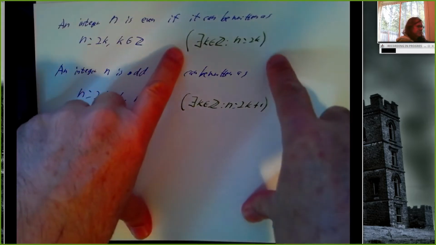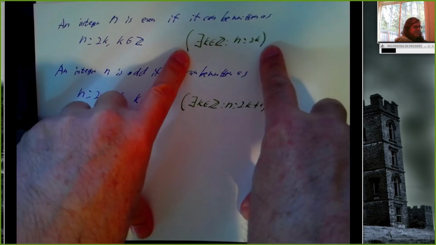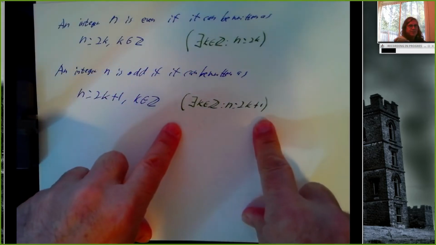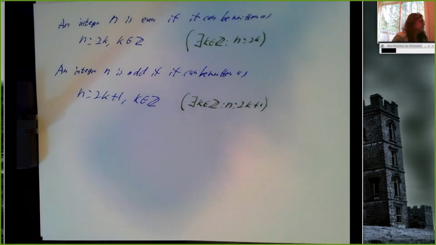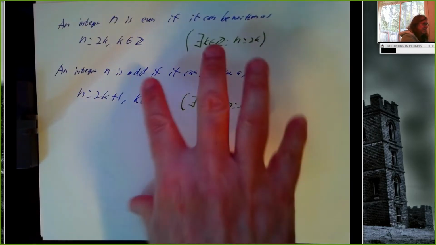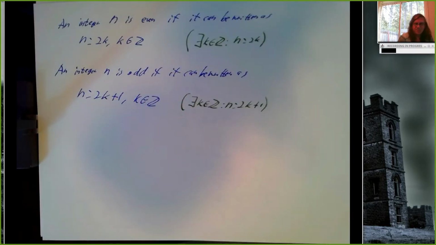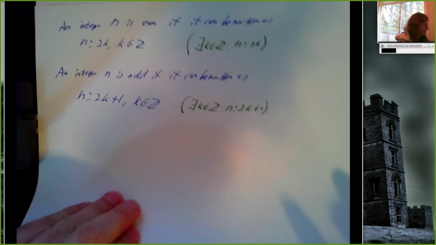So there's a more succinct definition of what it means for n to be even or odd. But just with that definition, we can prove some interesting statements about even and odd numbers. So let's do some theorems.